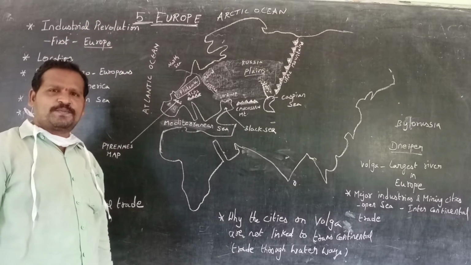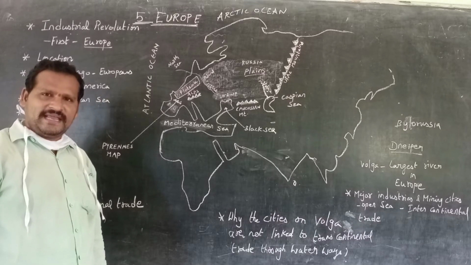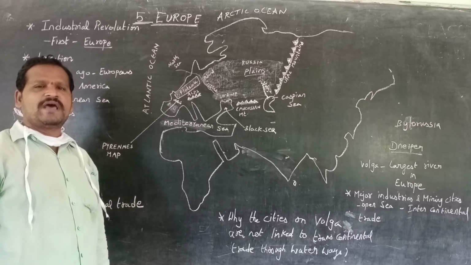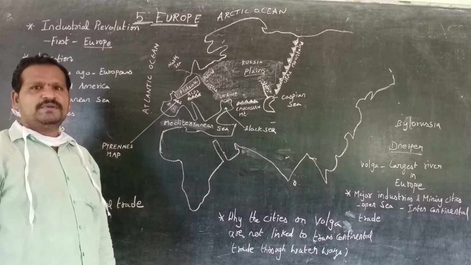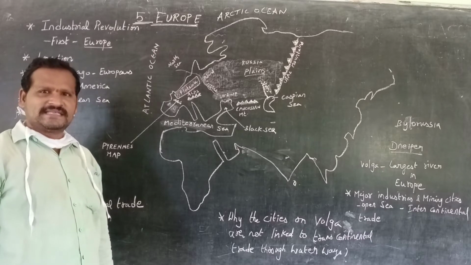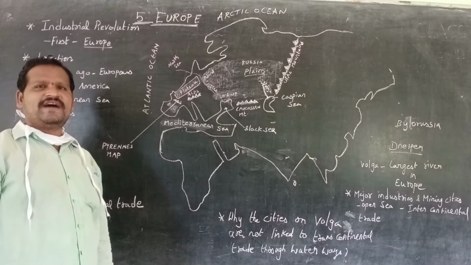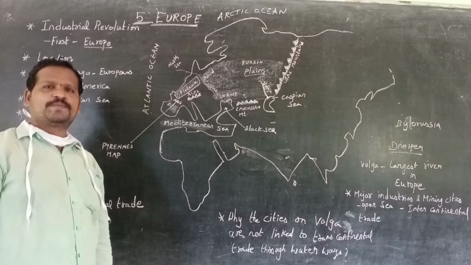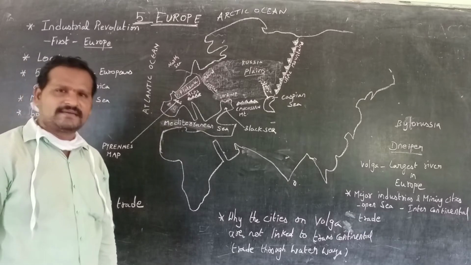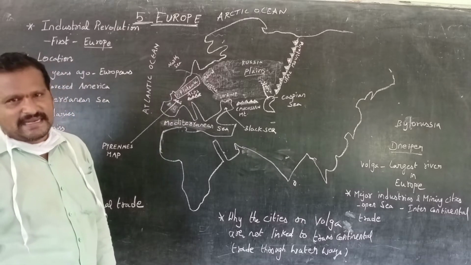What changes took place in industries in Europe in the 19th century? Machine-made goods were produced in European industries. That change is called the industrial revolution. The first industrial revolution took place in the Europe continent, and in the country England.